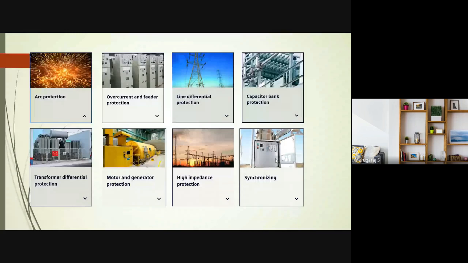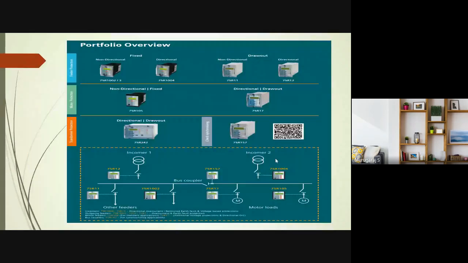This sync relay will check all these parameters, and only then does it allow the 2 DG powers to sync. It also has a lot of protections inbuilt. So this sync relay is used for synchronization of 2 sources or more than 2 sources.